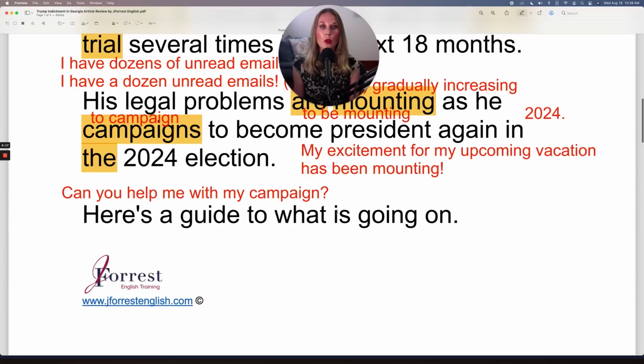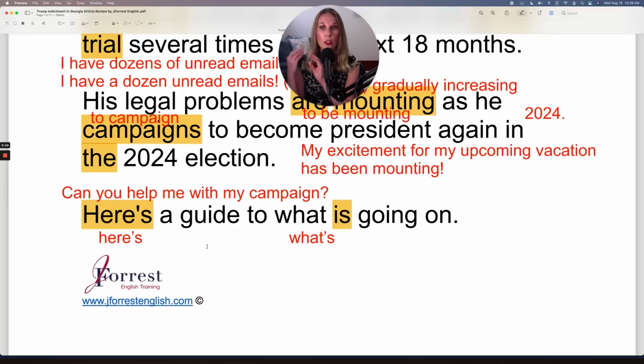Here's a guide to what's going on. Now, I know here that they have what is going on, but orally, it would be way more natural to use the contracted form and say what's. Here's a guide to what's going on. Just like right here, we have the contraction. Generally, when you're writing, you should choose one. Either you're going to use contractions or you're not going to use contractions.